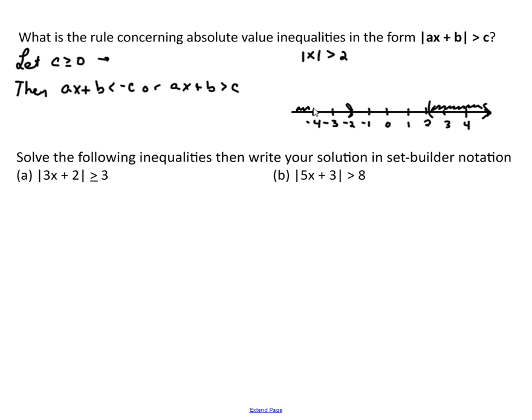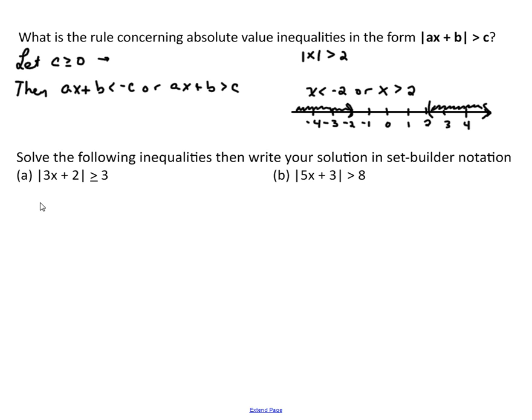So all of these numbers to the left also fit. So what have we just established? We've established that either x can be less than negative 2 or x can be greater than 2, and both of these work as solutions to this set. So in this case, the rule absolute value of ax plus b is greater than c divides into a compound inequality joined by the word or.